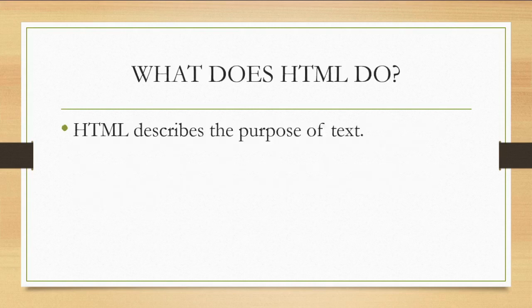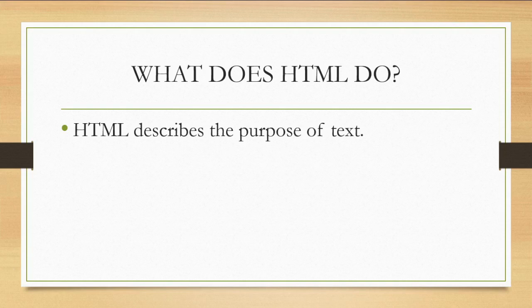So what does HTML do? HTML gives structure to text. You just put the codes, and the website will read those codes and show it on the website itself. That's what HTML does.